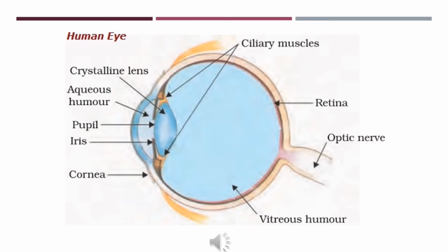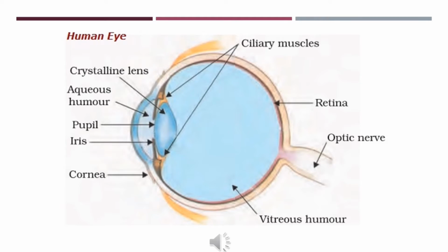So the second component is the iris. Iris is located behind the cornea, as you can figure out from this diagram, and it is a dark muscular diaphragm that controls the size of the pupil. So the pupil is another component of the human eye.